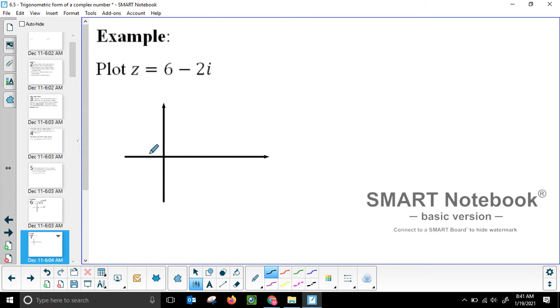Again, this of course would correspond to the point 6, negative 2. So we go 1, 2, 3, 4, 5, 6, negative 2. So right in there.